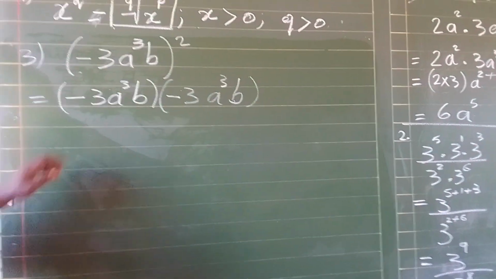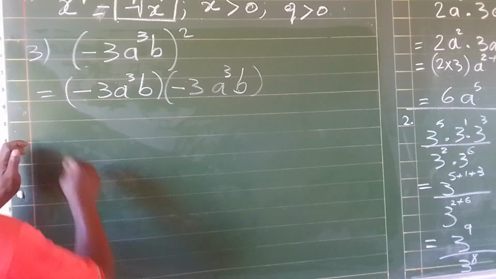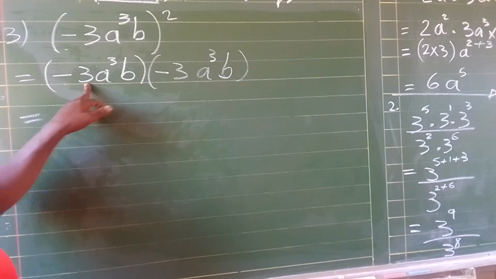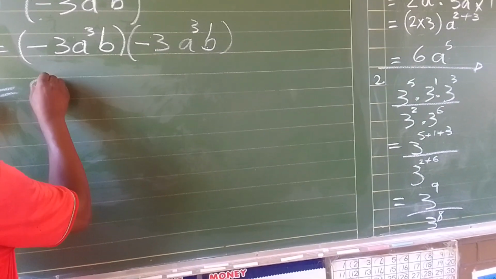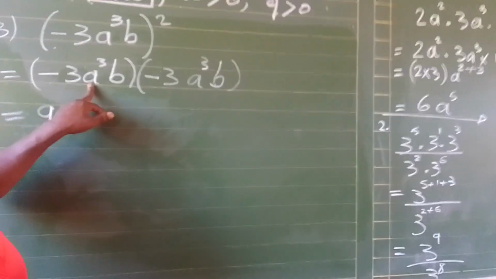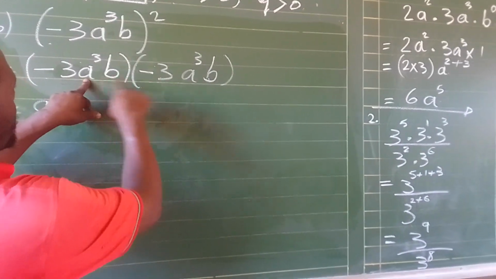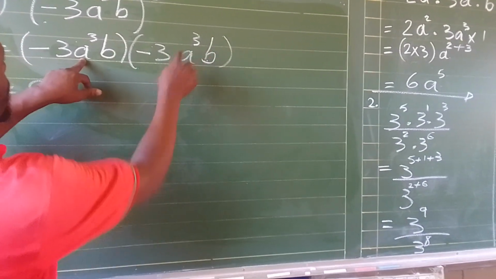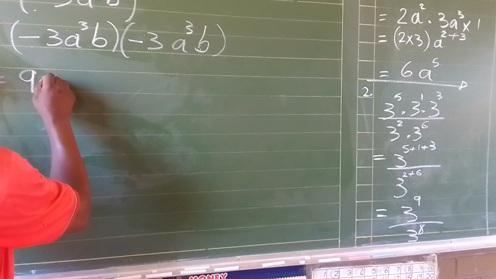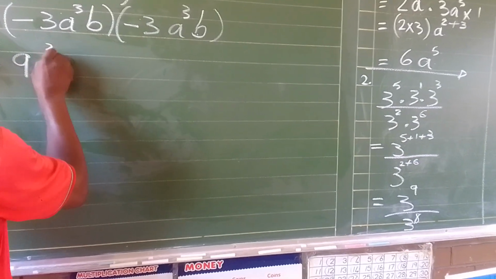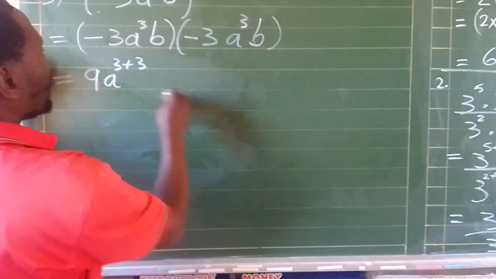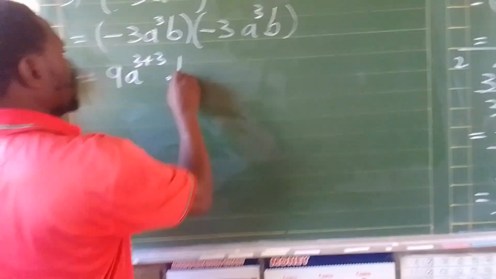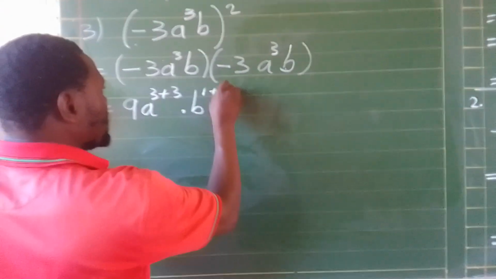When you multiply a negative and a negative, you get a positive. 3 times 3 is 9. a to the power 3 times a to the power 3 is going to be a to the power 3 plus 3. b to the power 1 times b to the power 1 is going to be b to the power 1 plus 1.